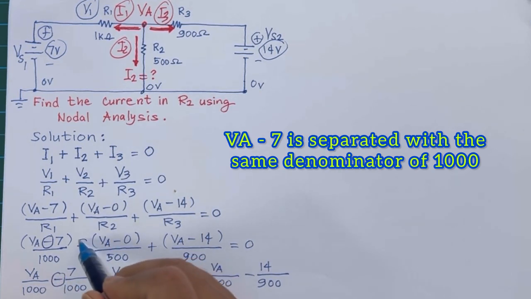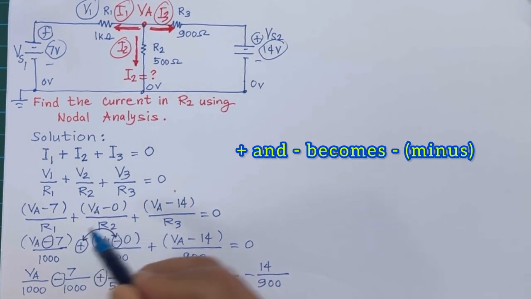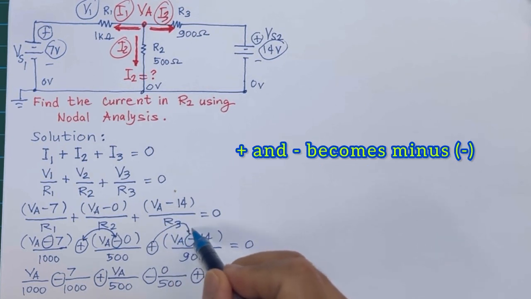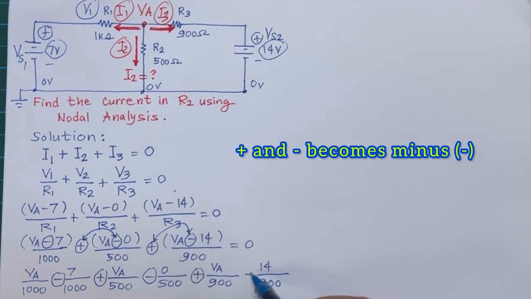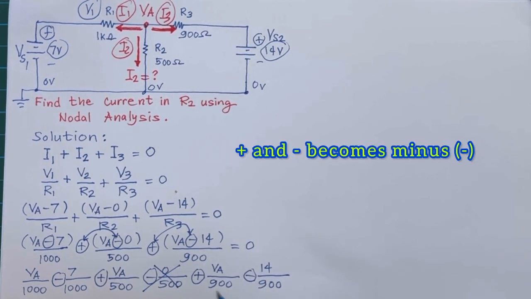Now you will see here that I put minus, and when we have positive and negative signs, that would be negative or minus. So cancel the 0 because we don't need it.